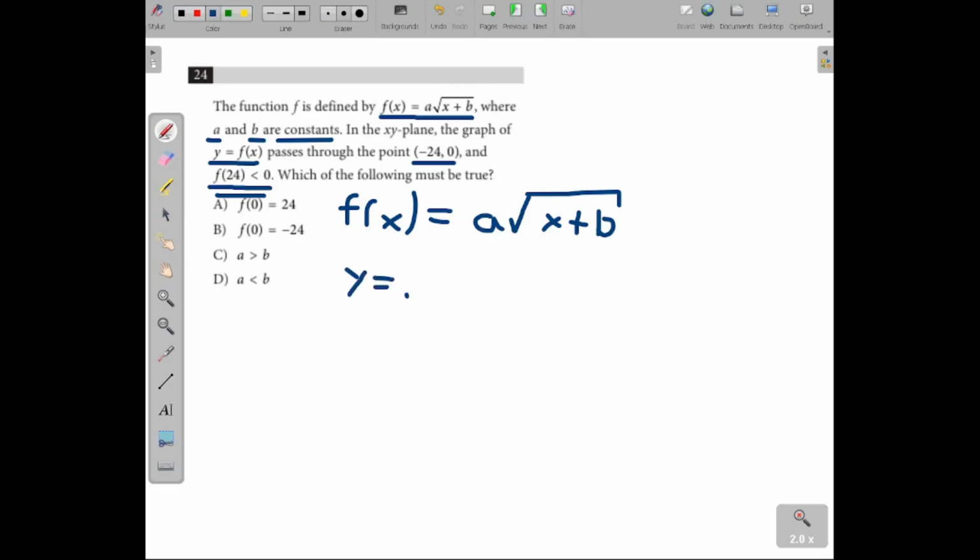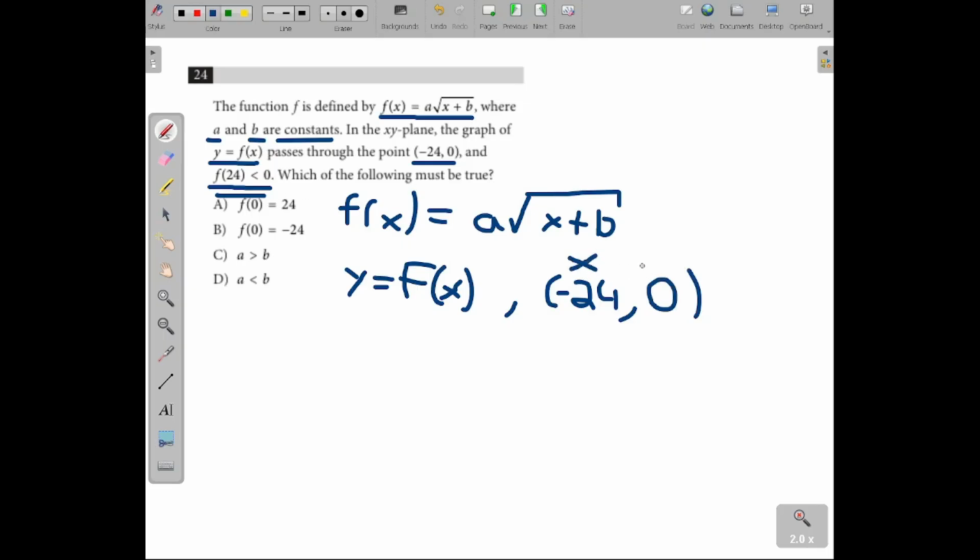Y is equal to f of x, and this point negative 24 and 0. So we'll replace those values in the function.